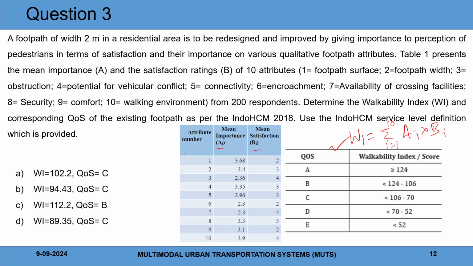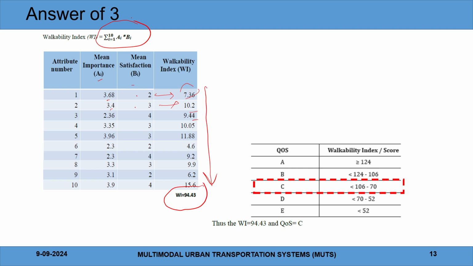Now you have this table, that is quality of service, represented in 5 points from A to E, and there is the walkability index score. So this 94 points falls within C, so it will be quality of service C.